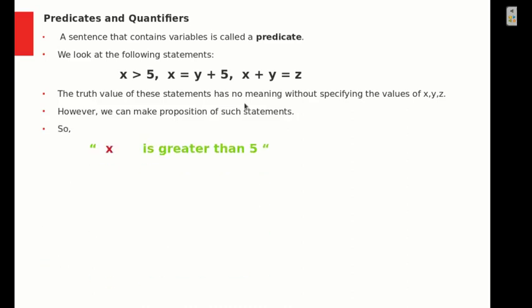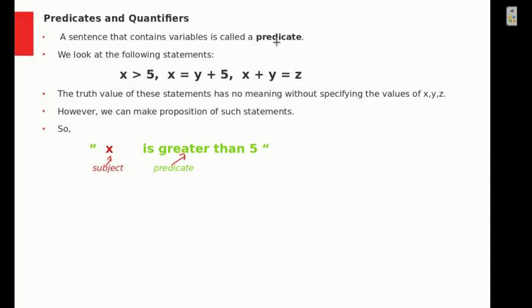So, x is greater than 5. If you look in here, x is the subject and "is greater than 5" is a predicate. We go again here on top: a sentence that contains variables is called a predicate. So any of them, all of them has a variable.